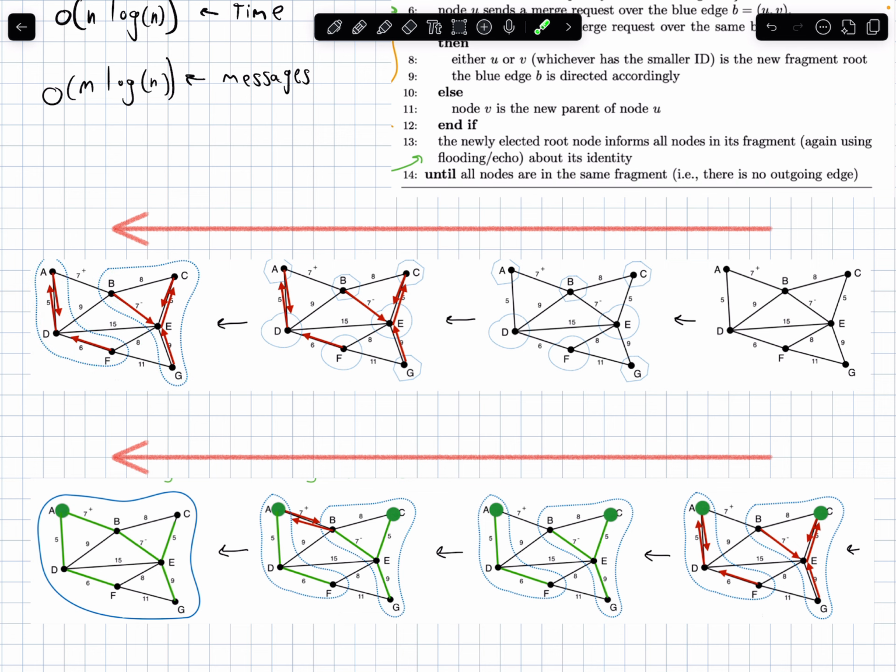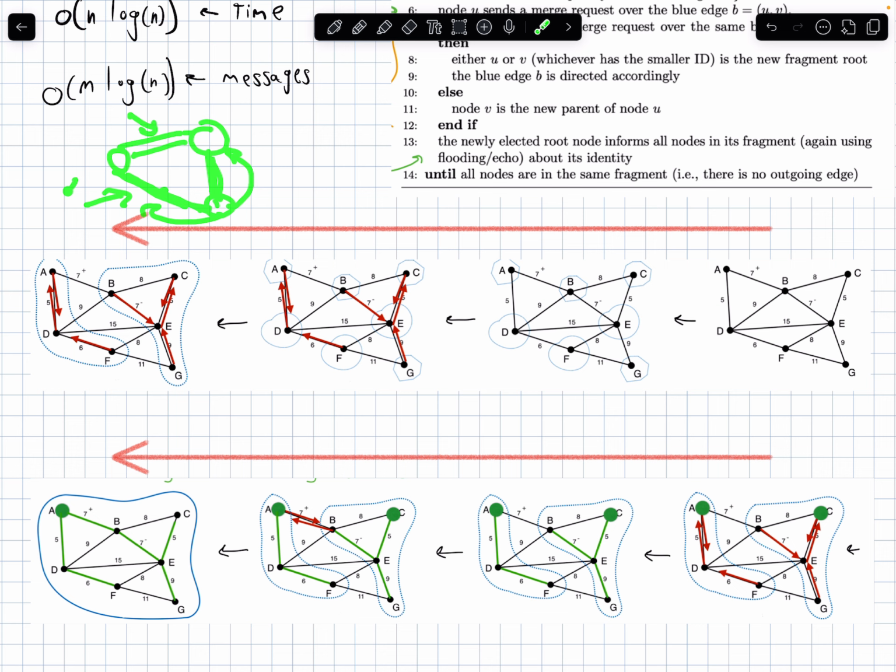And there is a proof that there cannot be any cycles here, so there is no situation like that. You can think about it like this: if he has the smallest here and he has the smallest here, it cannot happen that he also has the smallest here and here.